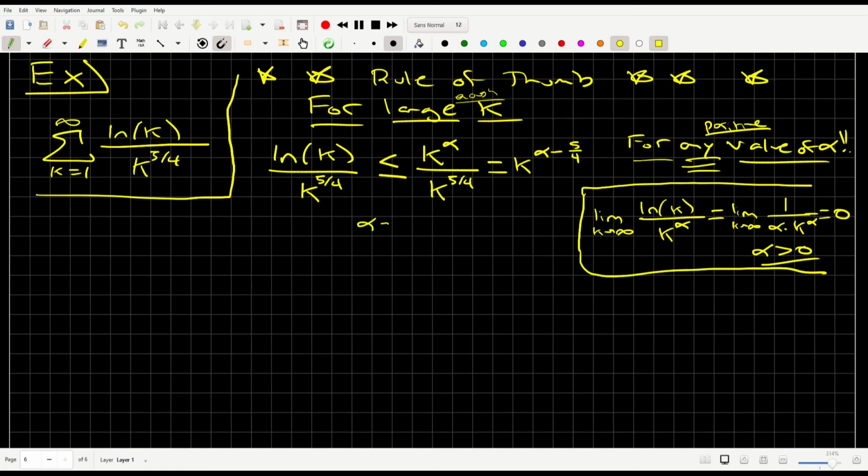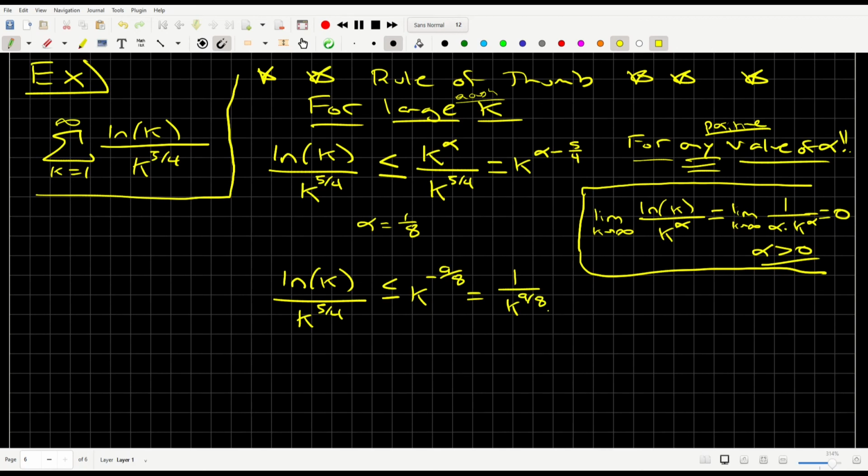Because if we choose alpha equal to 1/8, noting that 1/8 minus 5/4 is going to be negative 9/8, then we have that the natural log of k over k to the 5/4 will always be less than or equal to k to the negative 9/8, which is 1 over k to the 9/8.